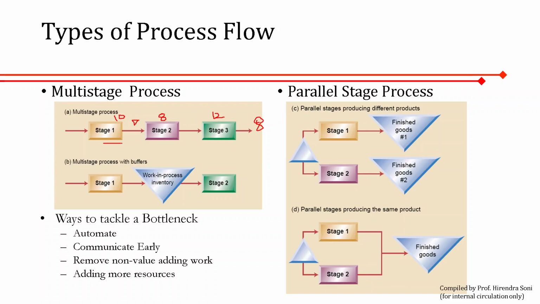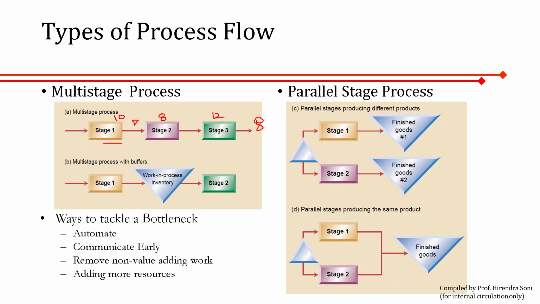Yes, sir. So some ways to handle a bottleneck are to automate the system, communicate early that extra pieces are coming in, so that this other stage can work for longer times or start early, remove non-value adding work, or add more resources. Adding more resources means you can add up 2 stages.